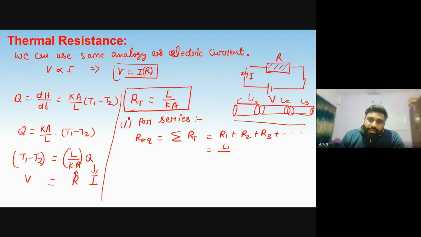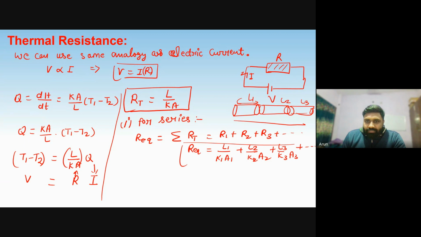So this you can write as L1 upon K1 A1, plus L2 upon K2 A2, plus L3 upon K3 A3. This is the R equivalent for series. Note it down.